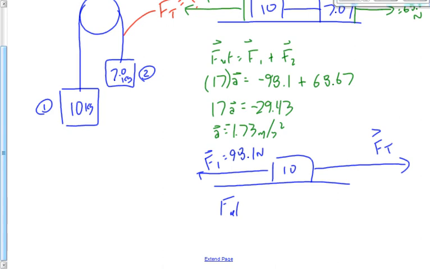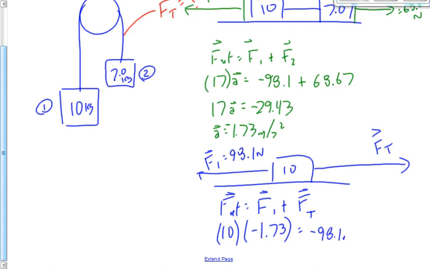Nathan said a minute ago, F net is equal to F1 plus Ft. F net is 10 times the acceleration we determined was negative 1.73. F1 was negative 98.1. And we're solving for Ft here.